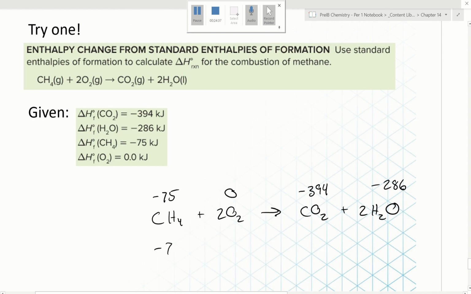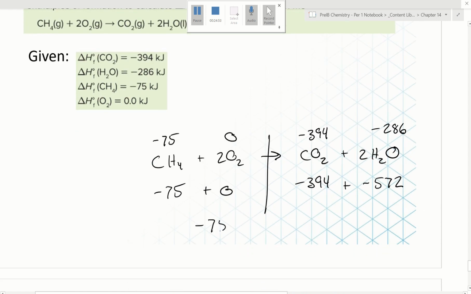So this remains -75 plus 0. I have -394 plus 2 times -286, so I have -572. This side remains -75. Negative 394 plus negative 572 gives me negative 966.